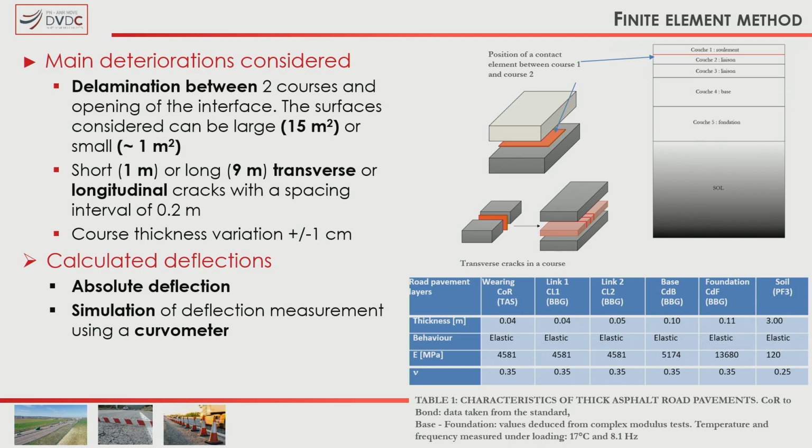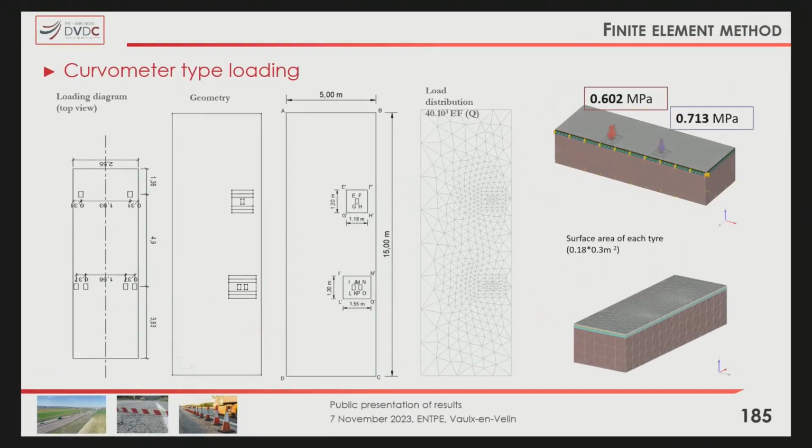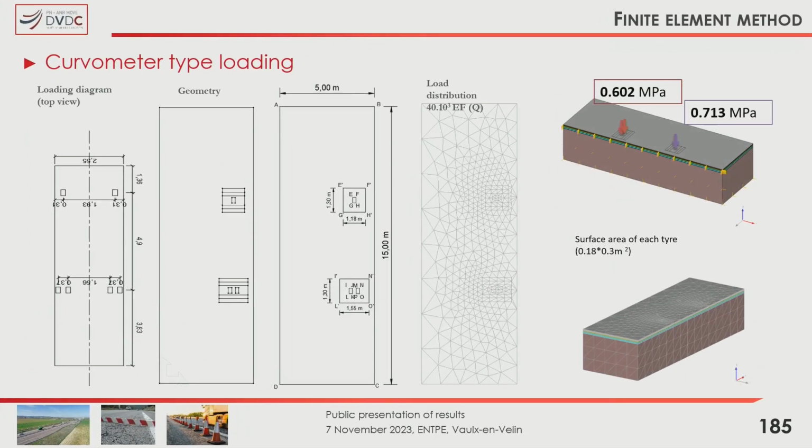The structures that we looked at were a thick asphalt and two flexible road structures, and the properties come from Philippe Gabory's thesis, with linear characteristics.